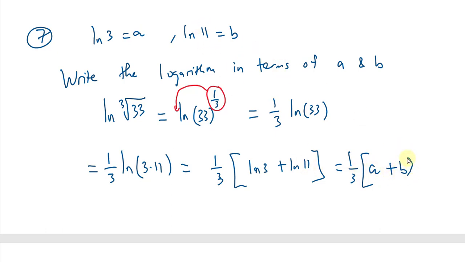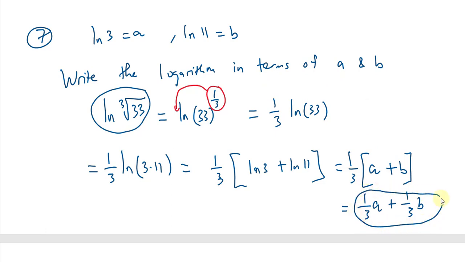So basically you finish the problem with the expression of a and b, or this is 1 over 3 a plus 1 over 3 b. So we wrote this expression as the sum in terms of a and b, which is this here.